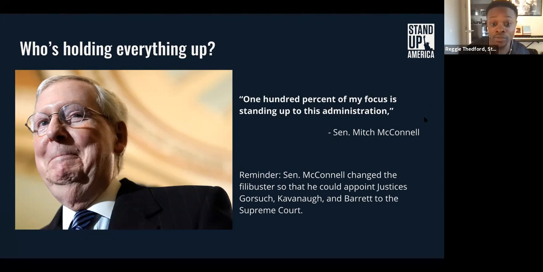This happened in 2017, where he invoked the nuclear option to end the filibuster for Supreme Court nominees. That was primarily to ensure the appointment of Justice Gorsuch, but that change actually helped appoint Kavanaugh as well as Barrett to the Supreme Court.